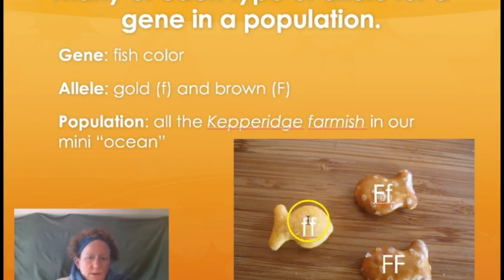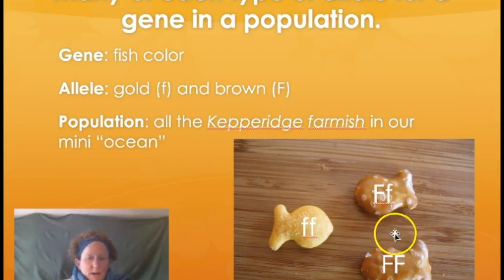The gold allele is recessive, so in order for the gold phenotype, or what you actually see in the fish, to be expressed, it's got to have 2 little f's. Now brown, you've got 2 options. It can either be heterozygous, big F, little f, because it's a dominant allele and it'll show up even if there's only 1 copy, or it could be big F, homozygous dominant.